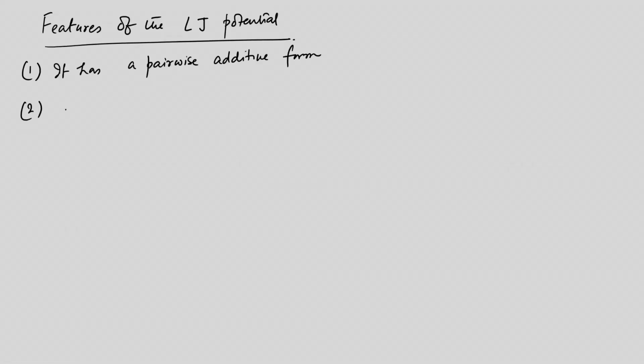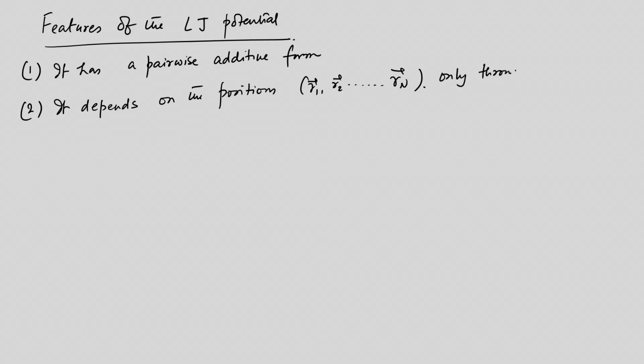So, it depends on the positions of the particles only through n into n minus 1 by 2. So, you are summing over really n of those particles, pairwise distance.